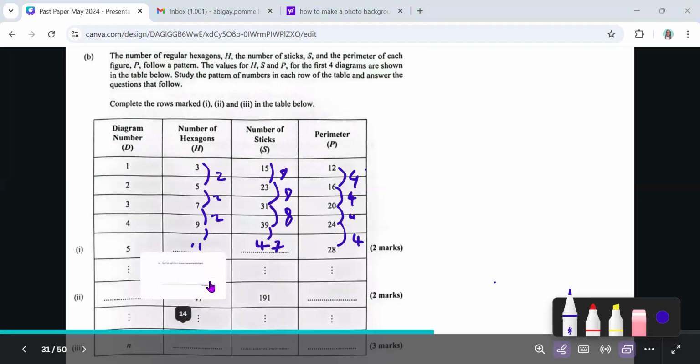Right here, we know that we are multiplying N.